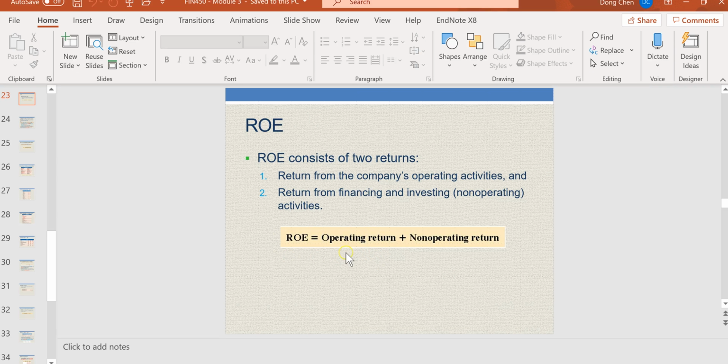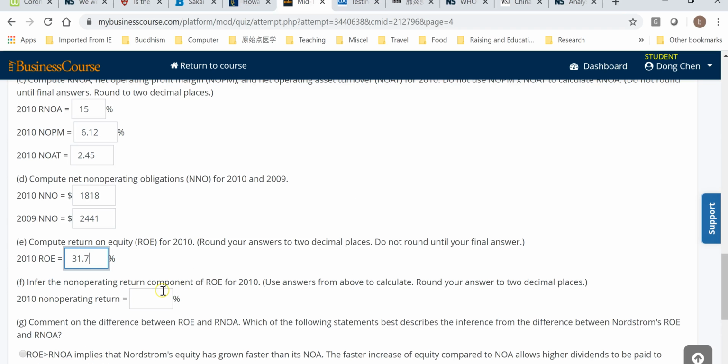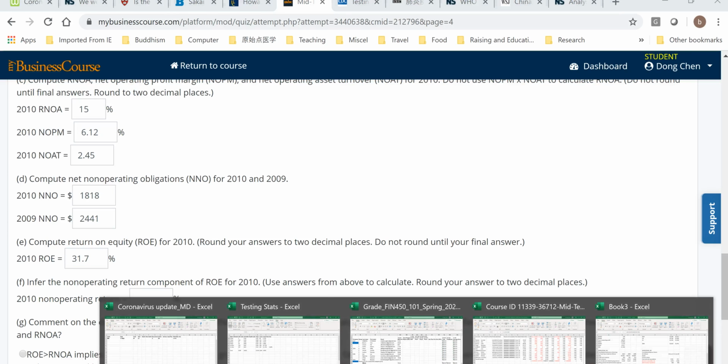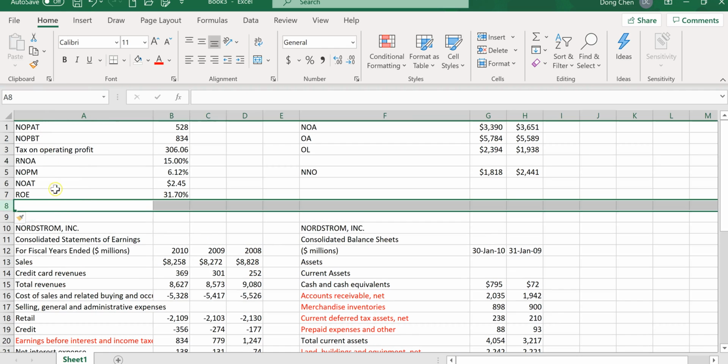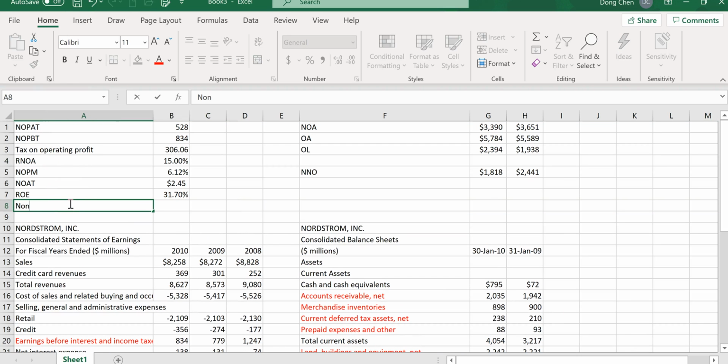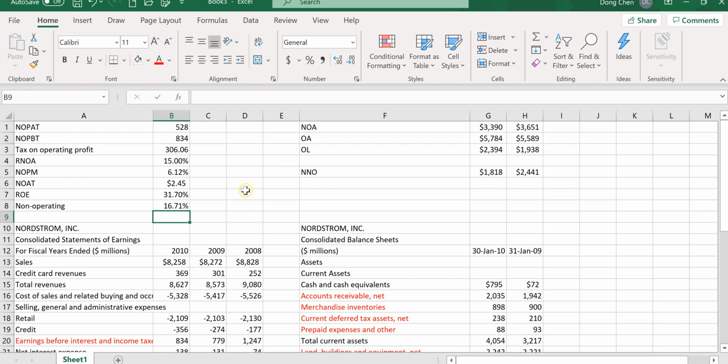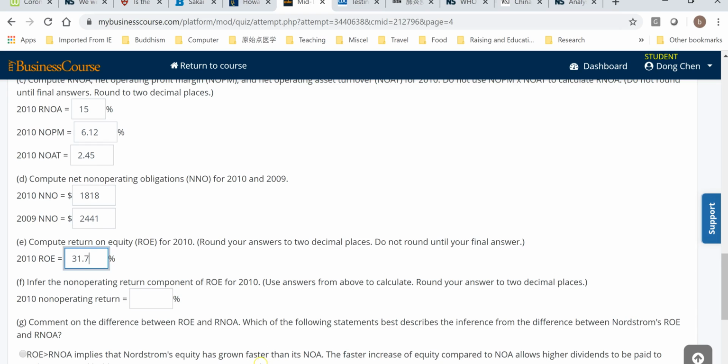And then from these two numbers, we can infer this non-operating return. That's basically what this question is asking us. So this becomes a very easy question by simply taking the difference between the ROE and this return on net operating asset. So this gives me 16.71%.